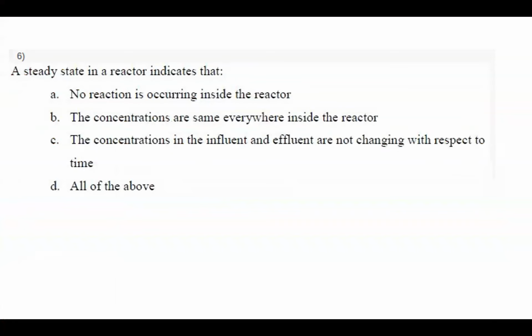A steady state in a reactor indicates, the four options are given, no reaction. If it is a steady state reactor, so if a chamber is there, in the chamber, okay.